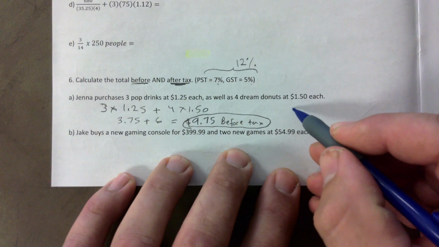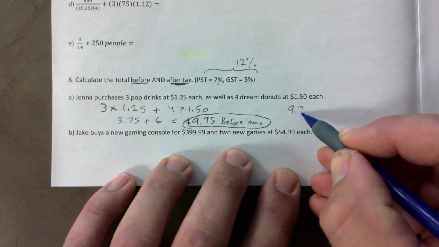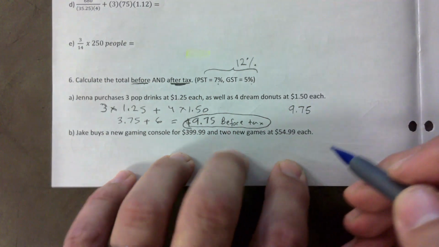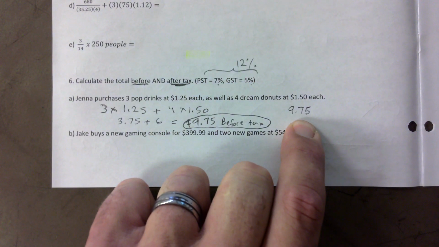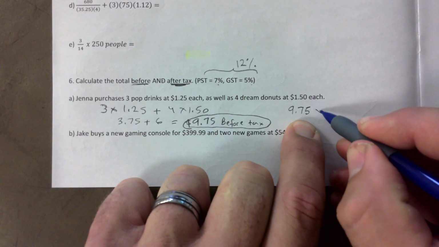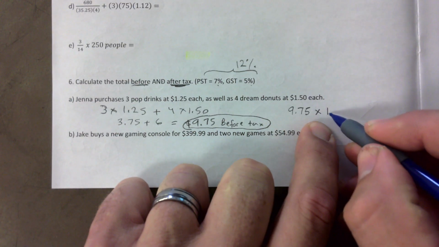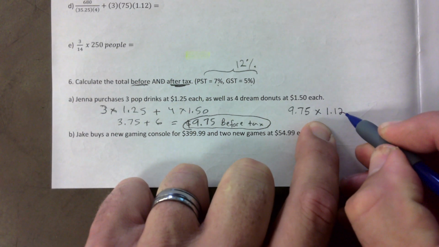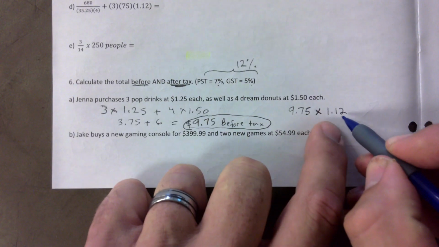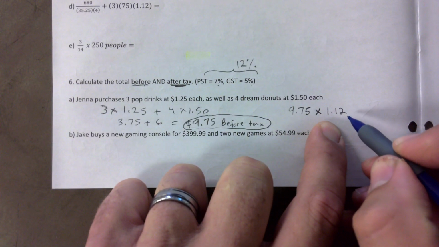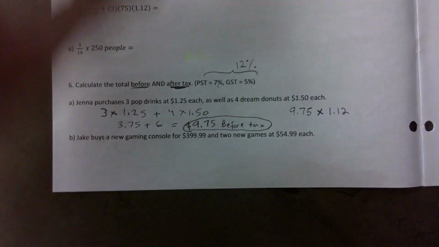How about after taxes? This is the trick that I use, okay? If you want to include taxes to this, you go to the store, you do this every time. You will just go times 1.12. If you want to add taxes to anything, multiply it by 1.12. I don't know if your teachers have done that trick in the past.